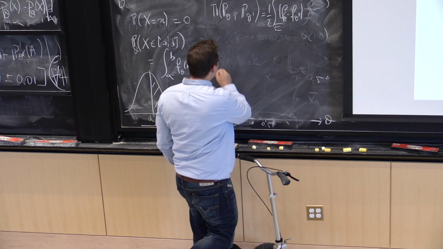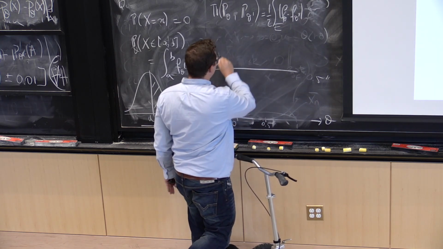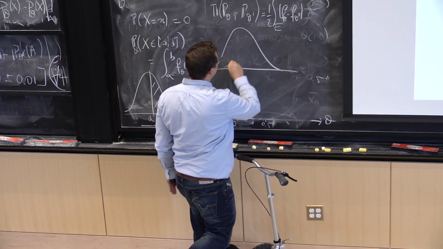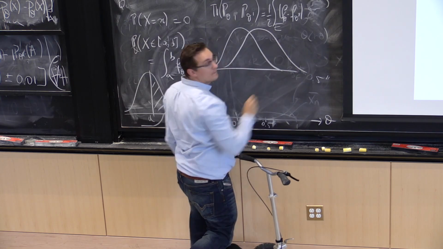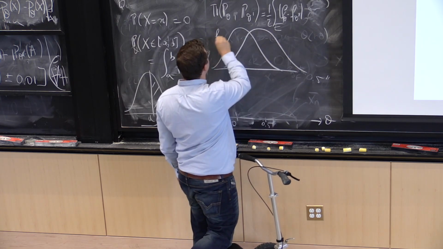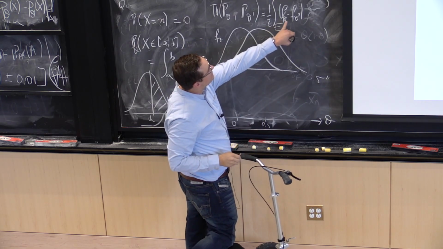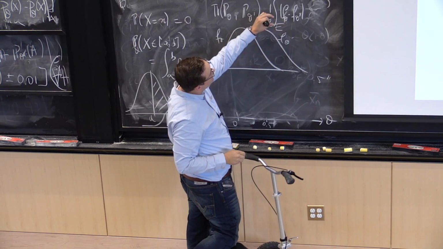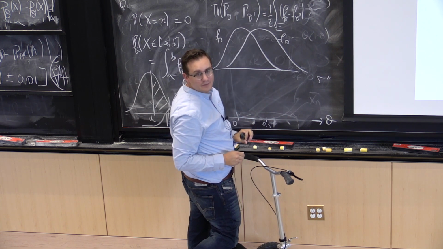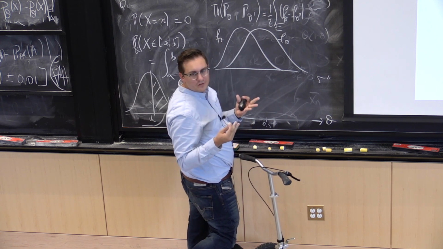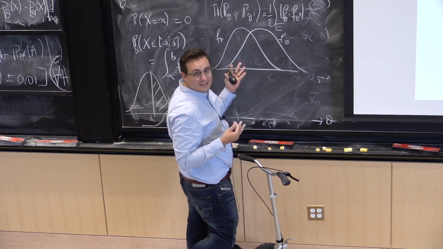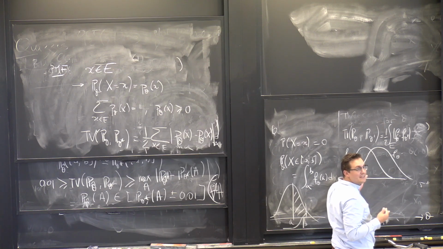It's just saying, well, think of two Gaussians, for example. I have one that's here and one that's here. Okay, so this is, let's say, f theta prime. This guy is doing what? It's computing the absolute value of the difference between f theta and f theta prime. So you can check for yourself that graphically, this I can represent as an area not under the curve, but between the curves. Right?